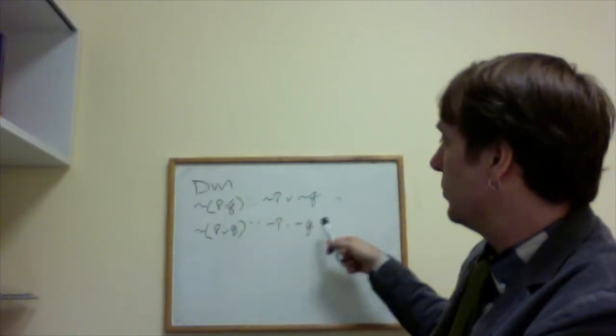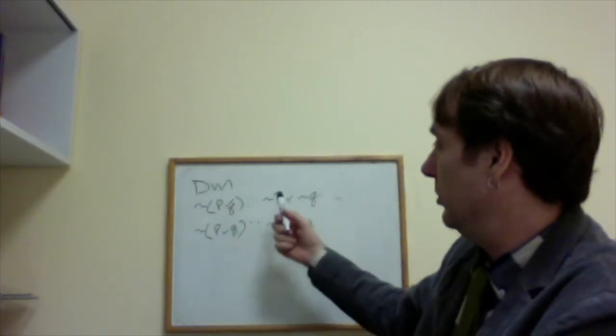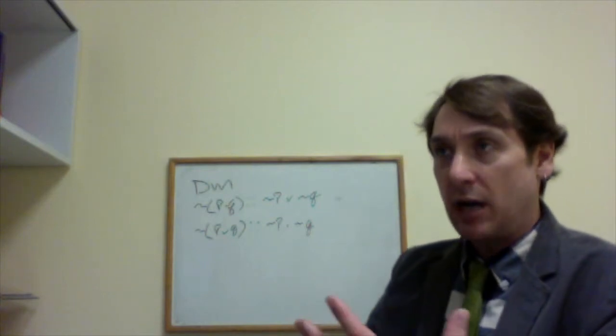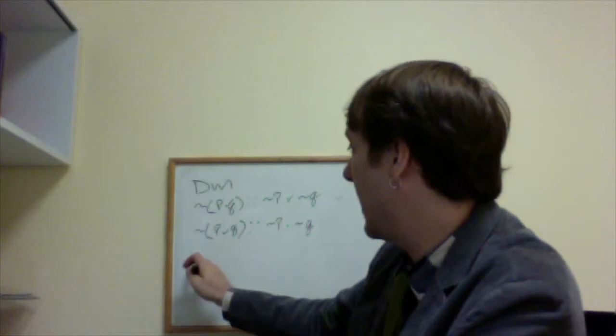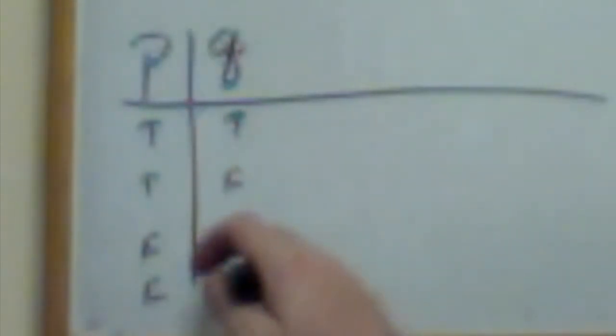And you might think that this is a bit surprising, but of course we can easily prove that this rule is true using our truth tables. And so let's go ahead and do that. So if we have our statement P and our statement Q, we have our four conditions here that we can write down, making sure we capture every permutation.